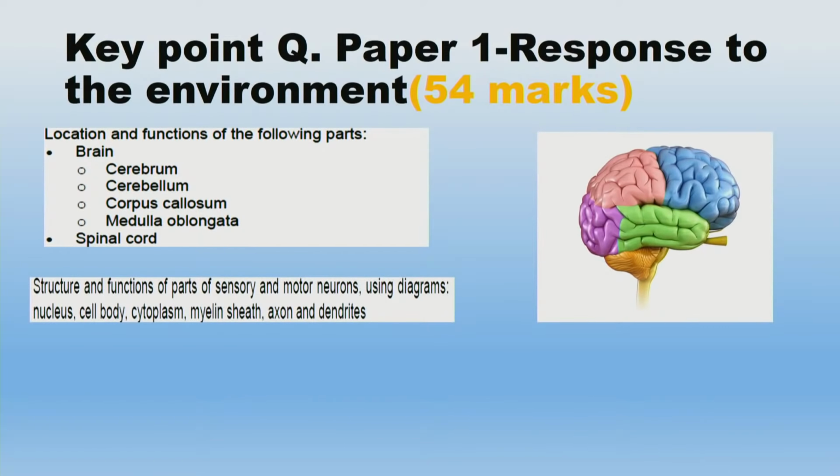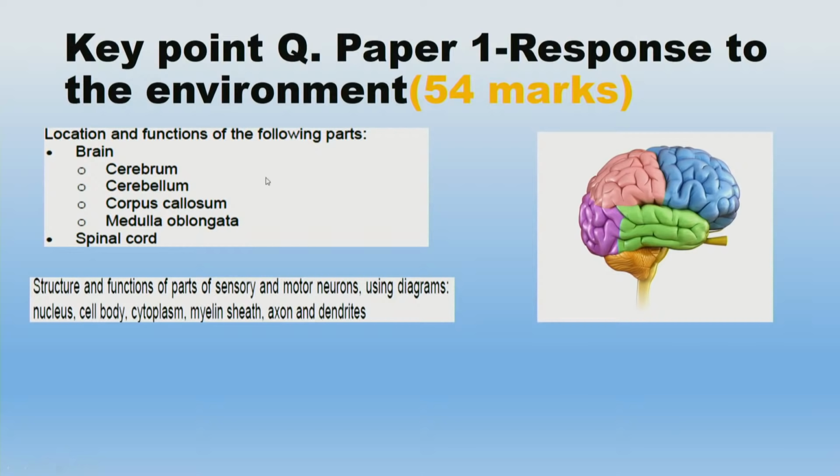While we are still here, you still remember that I have said that our presentation today is based on the key points, the basic things that will help, especially the level 1 to 3 learners, to pass the trial examination. So on the next slide, this is what we have: response to the environment, and then humans, which is the human nervous system.